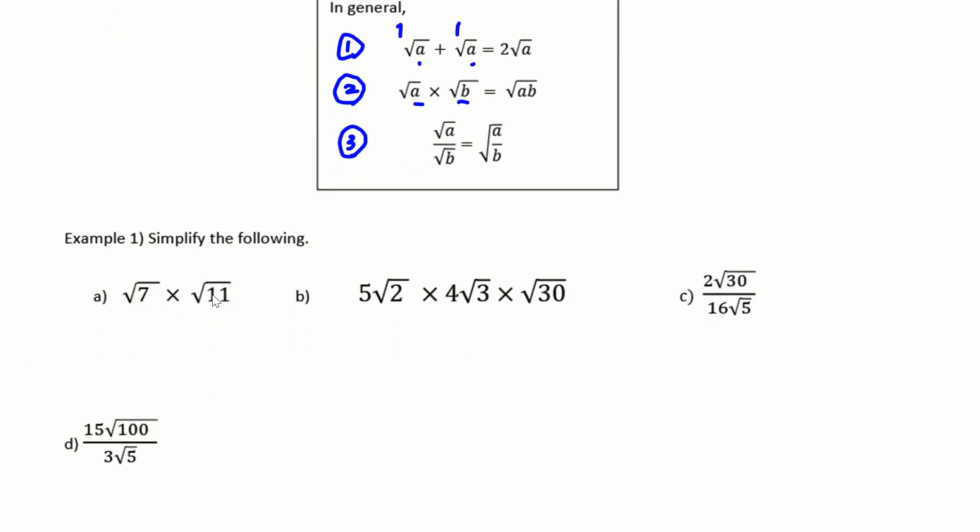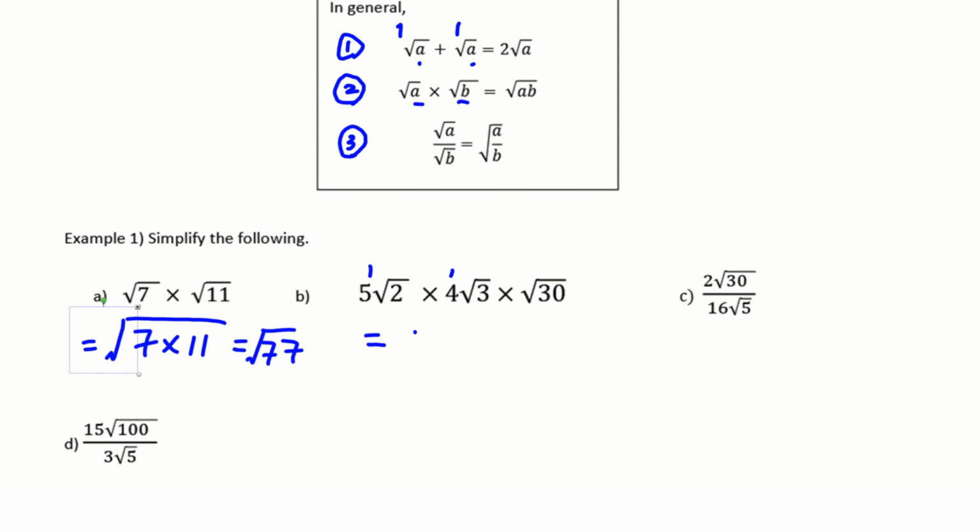We are going to see this is multiplication, same radical sign. Then we just multiply the radicands together. We have square root 77. Then for this one, the numbers at front multiply.